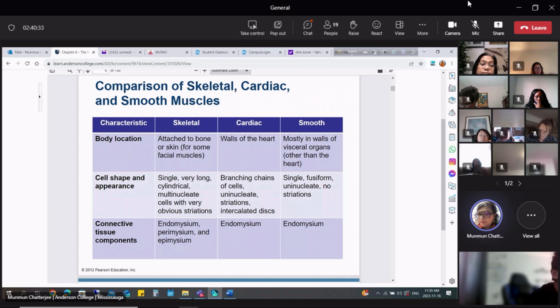Now, cardiac, from the name cardiac, is understood to be related to the heart. So, where can you find it? You only find it in the walls of the heart, to help in the movement or pumping action of the heart. These are uninucleate, one nucleus per cell.